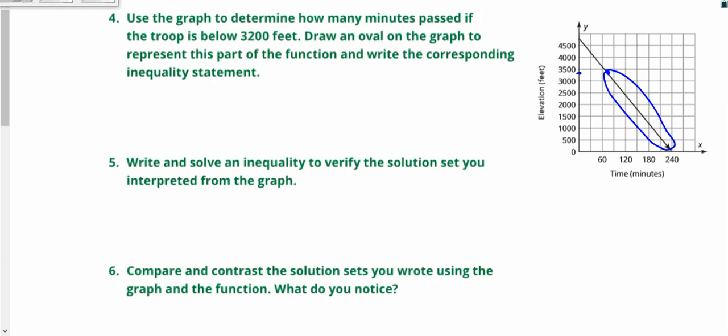So we have negative 20m plus 4,800, and this is when it's all below or equal to 3,200.